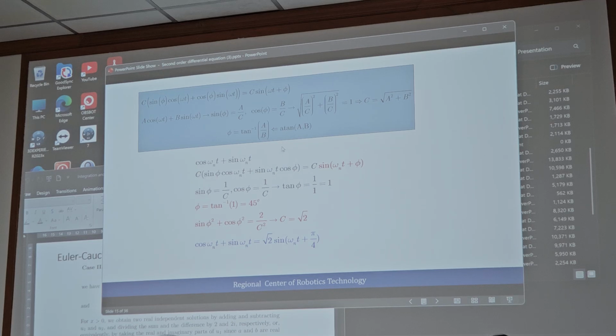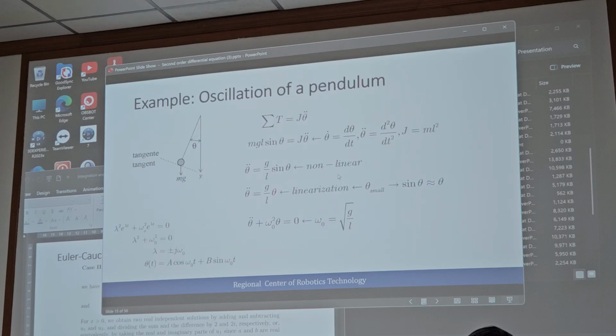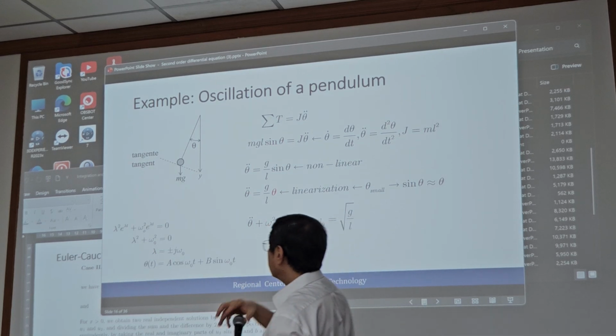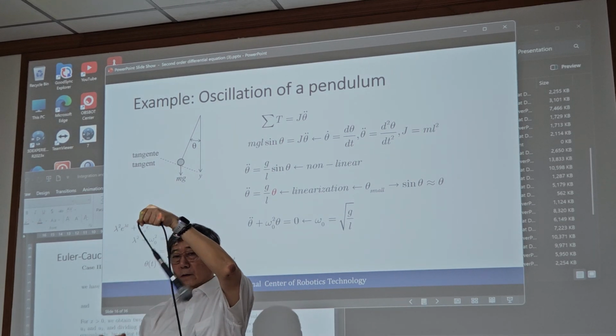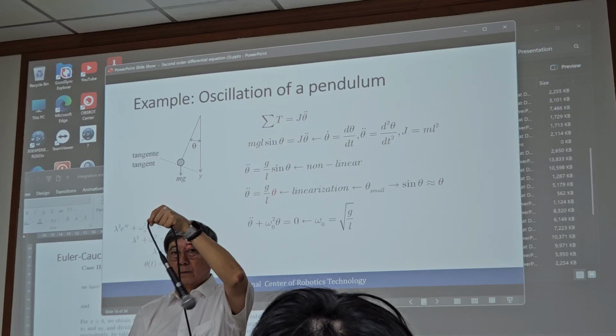Sometimes I want you to write your solution in terms of magnitude and phase, so you have to write this form. Just use the cosine law. This is oscillation, if you want to model this one.